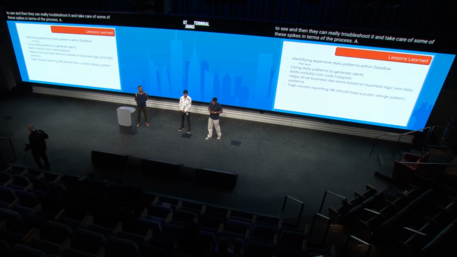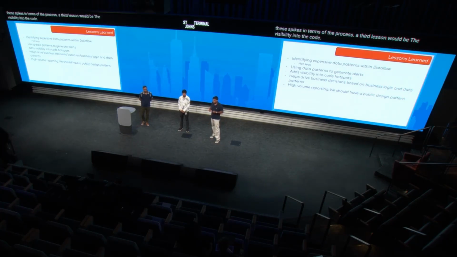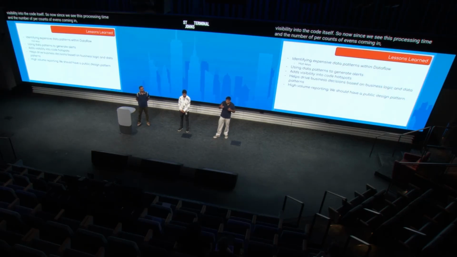The third lesson would be the visibility into the code itself. Since we see this processing time and the counts of events coming in, we know which part of the code is inefficient. So we can deep dive into it and probably fine-tune and optimize it.